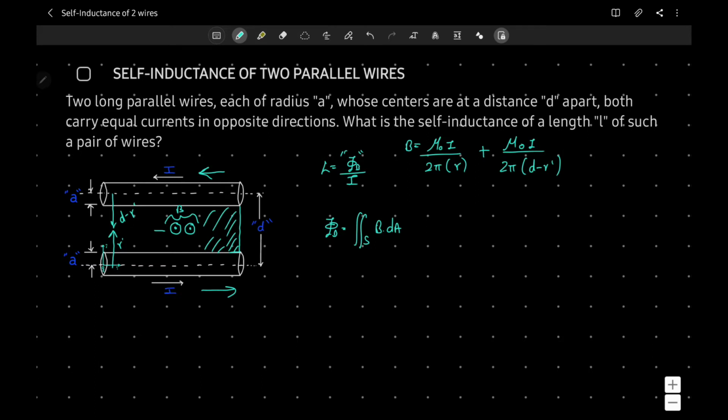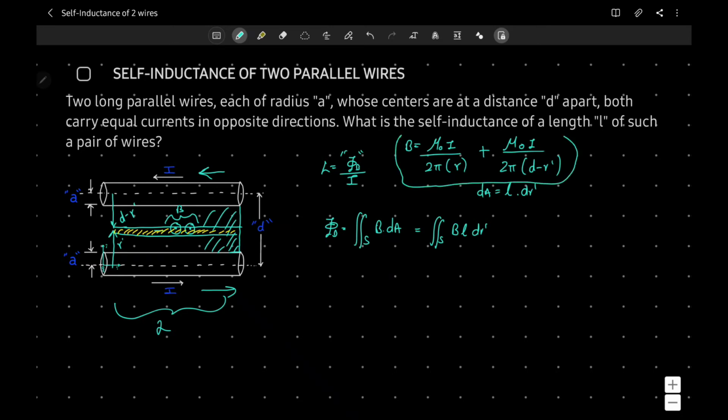Now I have to replace dA. dA is equal to L, that's this distance, times dr. That will be changing. So I'm gonna say that this is a specific area that is changing in space. Then I have to replace the magnetic field that we already found by Ampere's law.